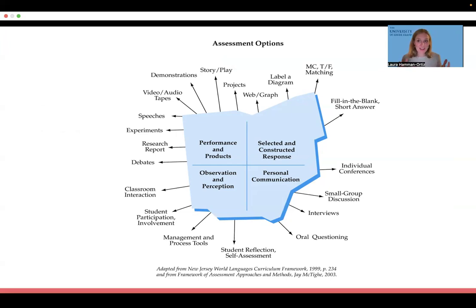I think a really effective teacher, especially an effective teacher of MLLs, does all of these things or embeds all of these. So having more traditional ways of assessing students, selected and constructed responses.